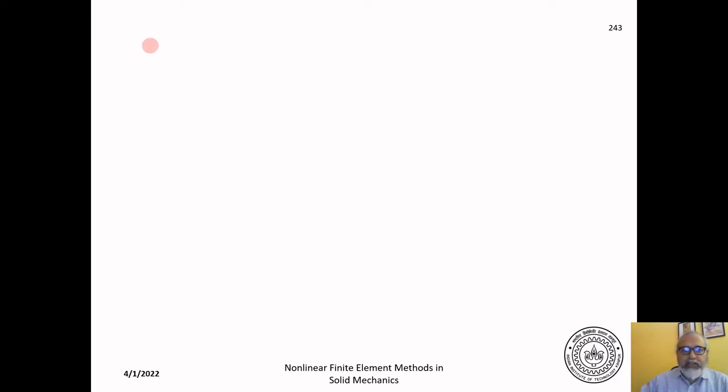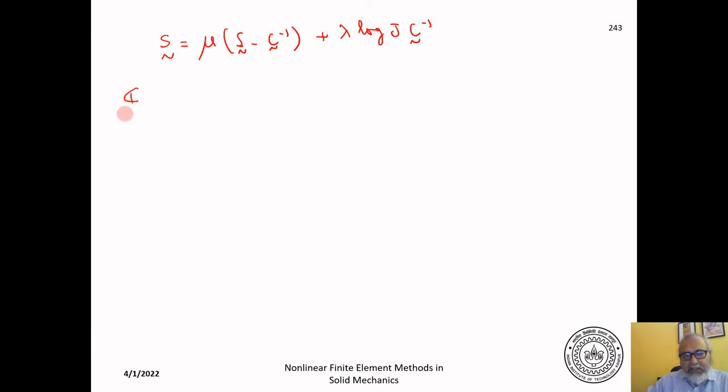So putting it all together, the second Piola-Kirchhoff stress turns out to be mu times I minus C inverse plus lambda log J C inverse. And if you remember, the tangent stiffness is 2 times del S del C. We have derived this.